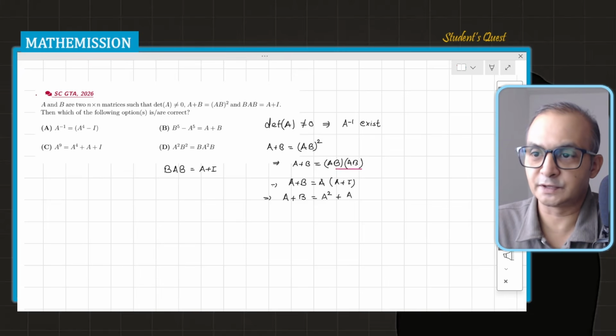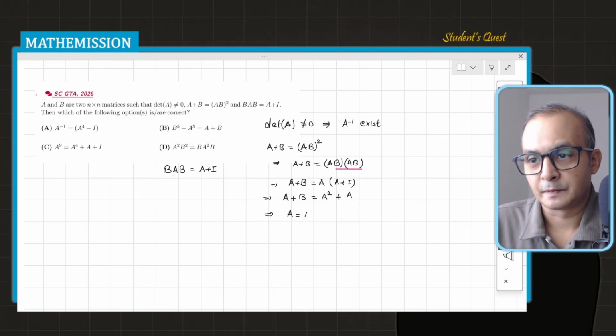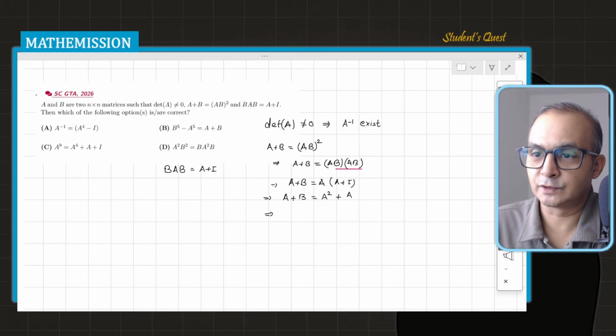You take A plus B or A squared plus A, the A and A get cancelled. So we get B is equal to A squared, or A squared is equal to B.